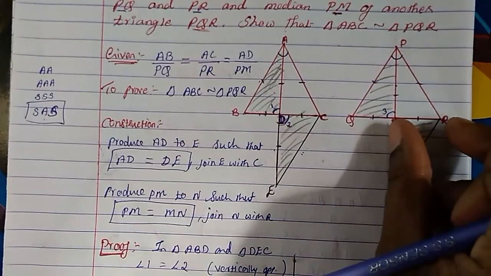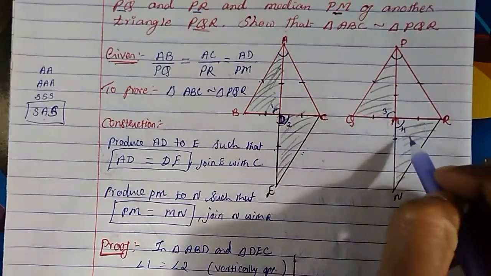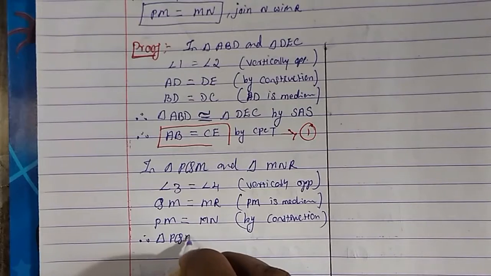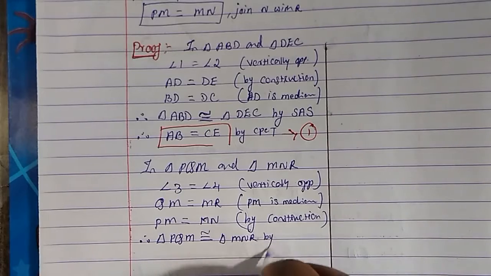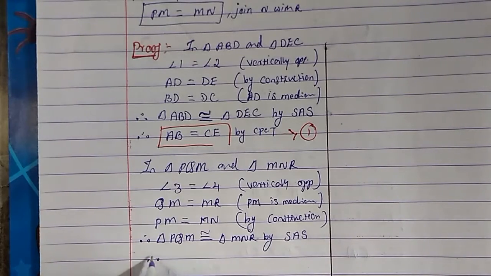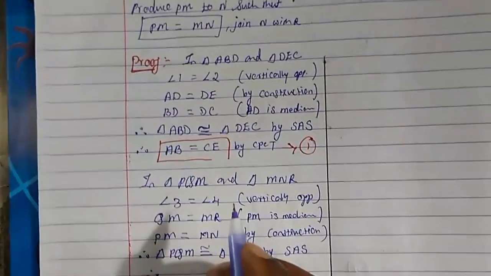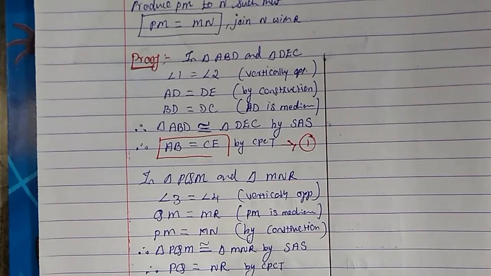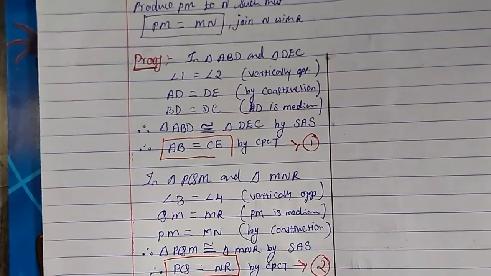QM is equal to MR, because PM is the median, and this is vertically opposite angle. Therefore triangle PQM is congruent to triangle MNR by side, angle, side. So if they are congruent, then this side will be equal to this side by CPCT. So that means PQ will be equal to NR by CPCT. Okay. So let's keep this as equation 2.